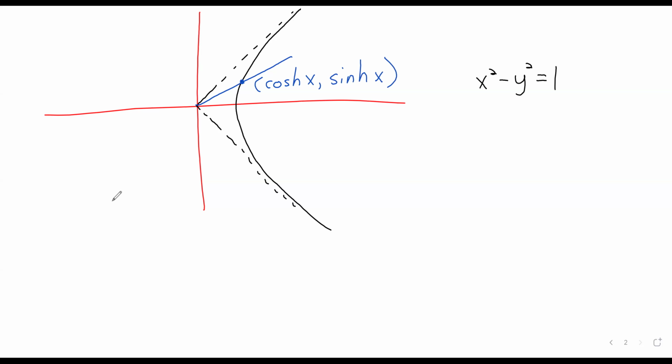And here it's going to seem like we're doing something different from what we do with the sine and the cosine, because if you're looking at this picture, this is probably what you're imagining. That's an angle x, and we use that angle to define the hyperbolic sine and the hyperbolic cosine.